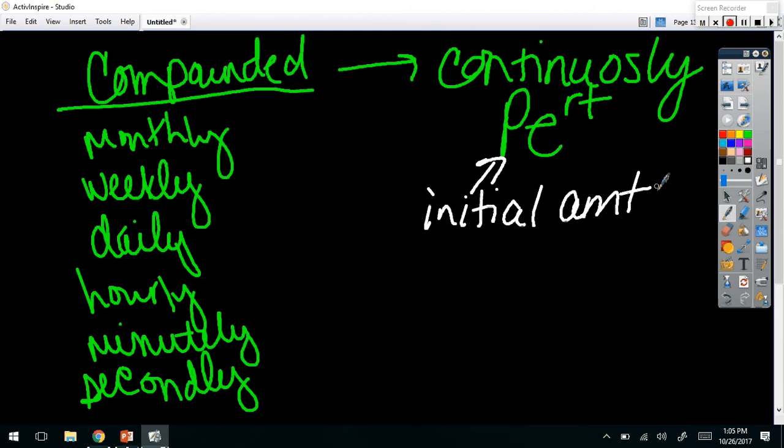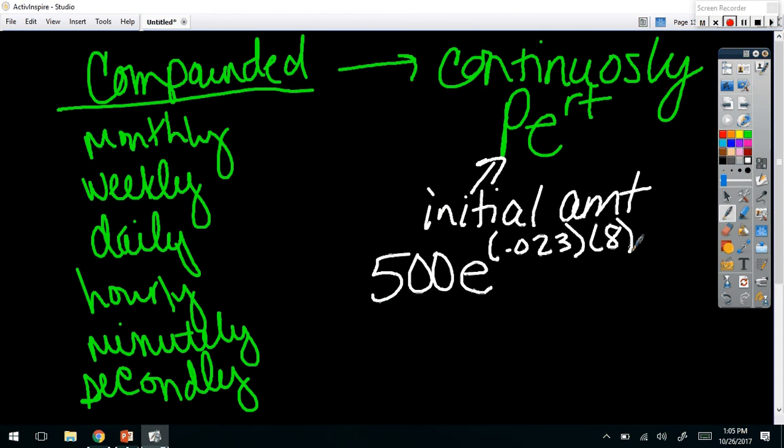Okay. So if I took that same example over the same 8 years and I did $500, e, what was my rate again? 2 point what? 3? Yes. Times 8 years. Now what's the difference in how much you made?